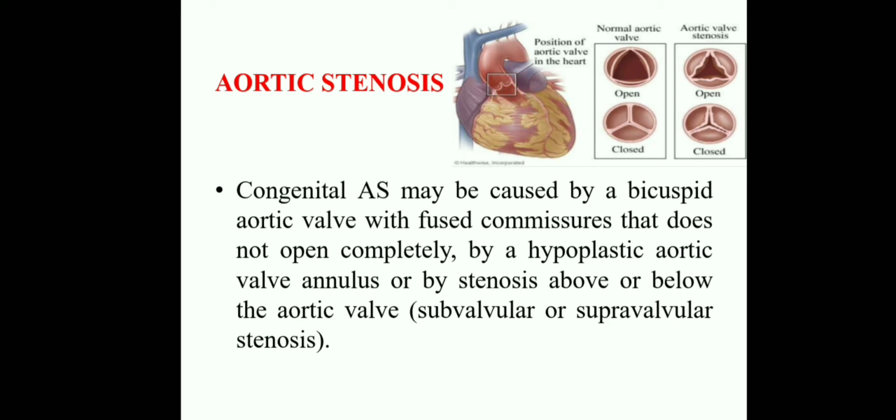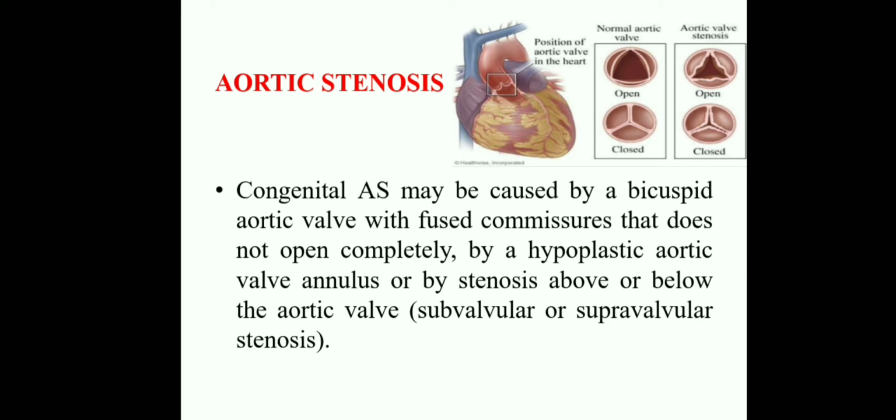I will repeat why aortic stenosis is present: because of a hypoplastic aortic valve annulus, or stenosis above or below the aortic valve. Stenosis means a narrowing. The annulus means stiffness present in the heart valves. Hypoplastic mostly means the annulus, sometimes a ring or stiffness, is present in the aortic valve.